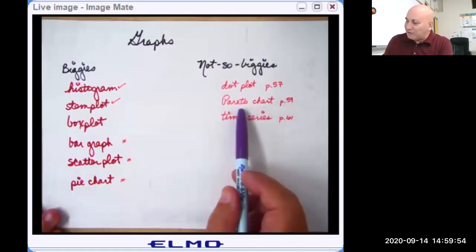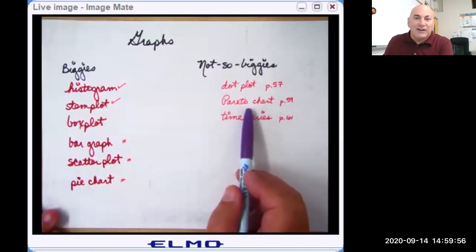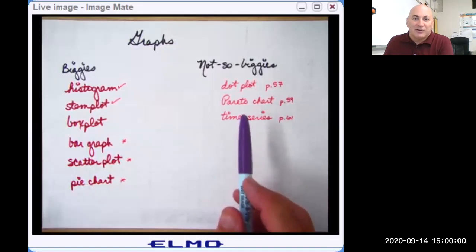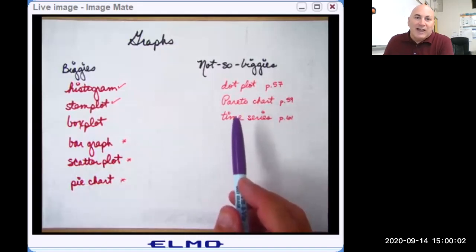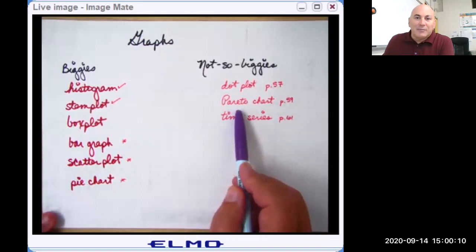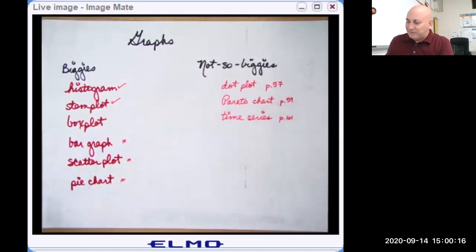What that allows you to do, if we're doing it in statistical process control in a manufacturing environment, is look at where our errors, our rejects, are coming from. You look at where the biggest bar is, the tallest one, and say, okay, that's where most of my problems are, and you tackle that one first.